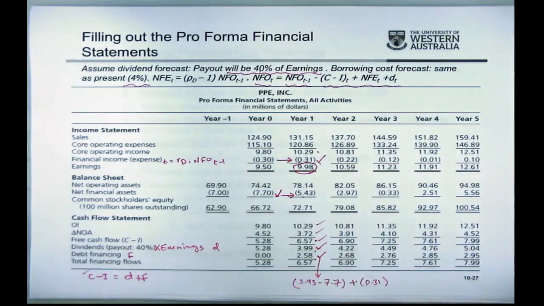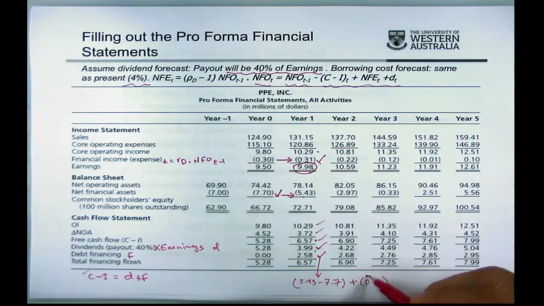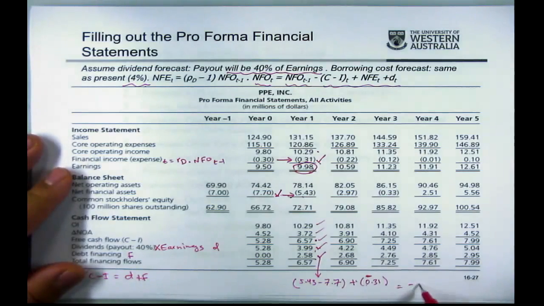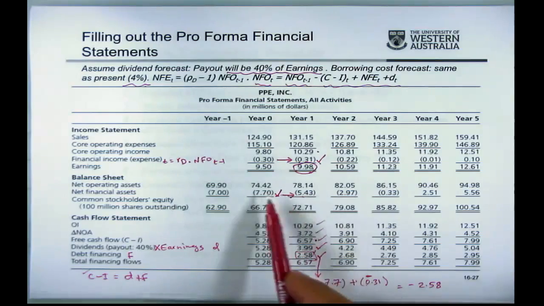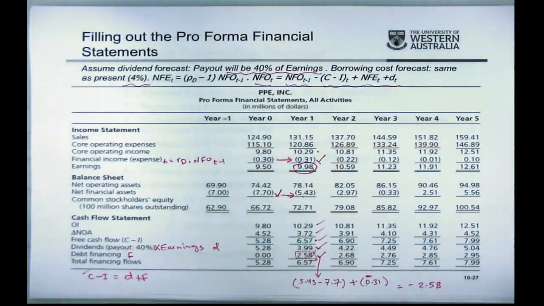This is negative, so the answer is negative 2.58. This is an outflow, so we put it here without the sign. So it is equal to the change in the NFO, this minus this, plus the net financial expense.